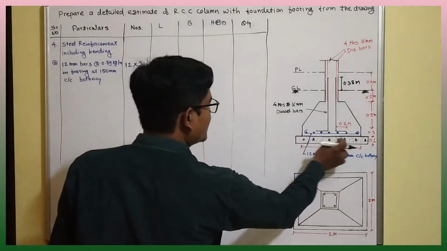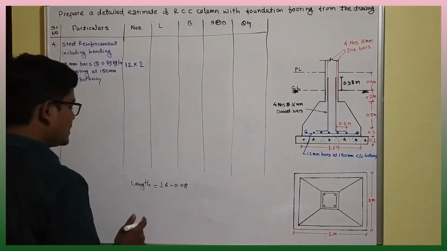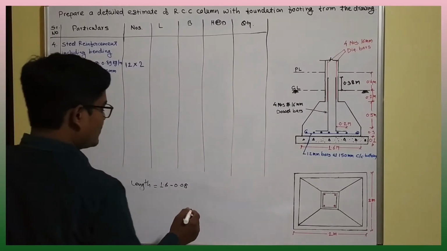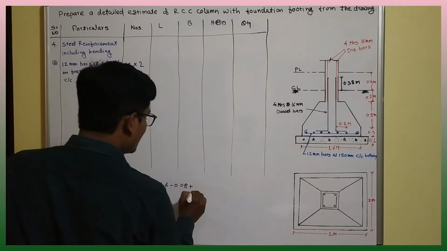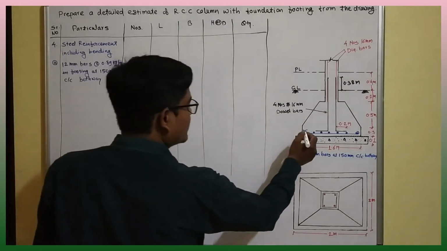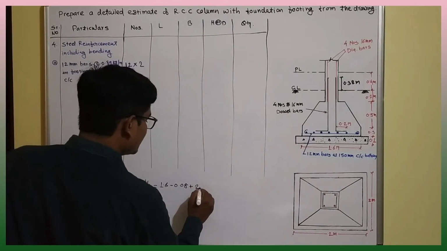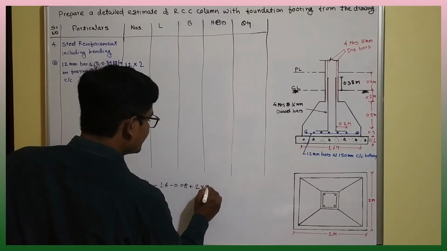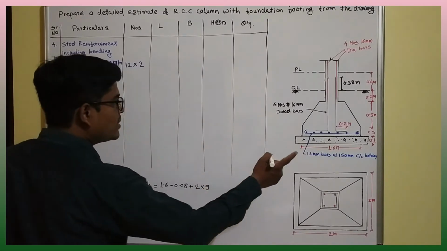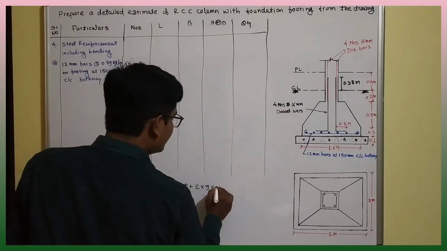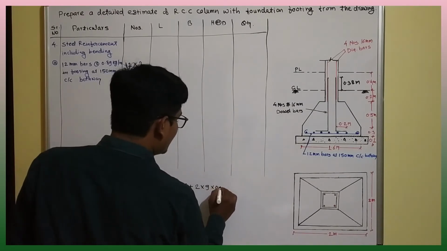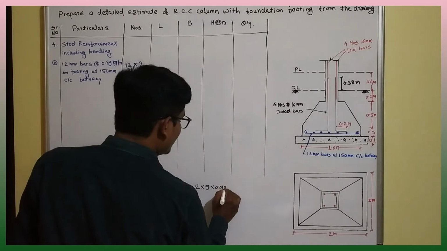Again we have to add the hook which is provided at both ends. So I will add plus 2 into 9 into diameter of the bar, that is 12 mm, so into 0.012.